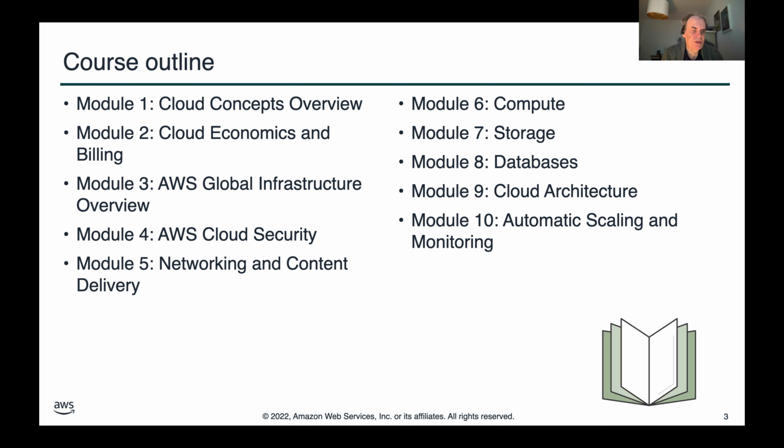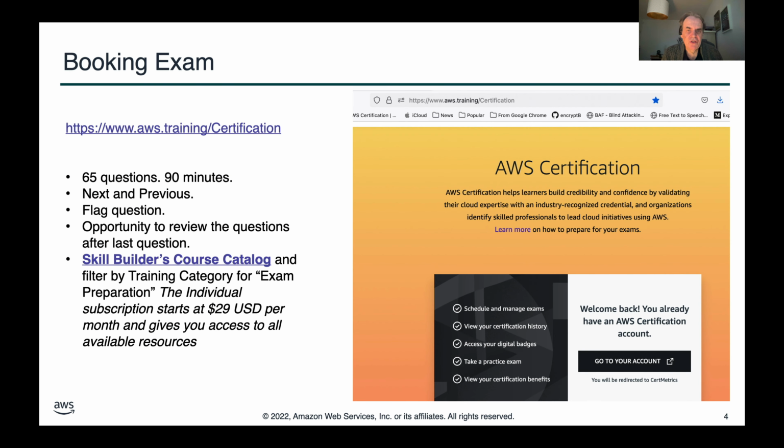Really a great introduction to cloud computing overall, and we just happen to be using AWS to implement this. But everything we learn can be scaled easily into other public cloud infrastructures.